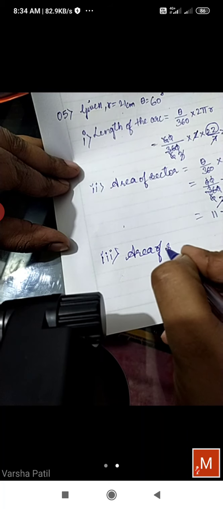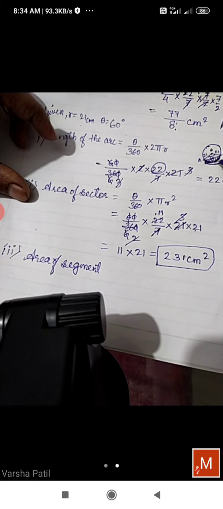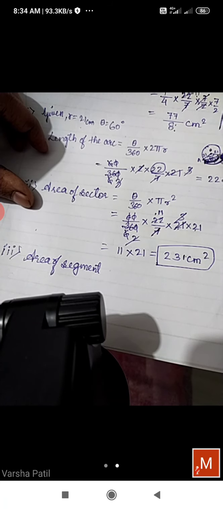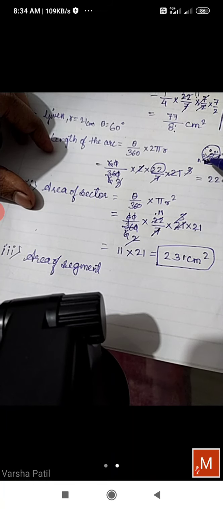Area of segment. Now we know that theta is 60 degrees, and we know this one area of segment. If we want to know it, first what we are doing: area of sector minus r square sine theta upon 2.